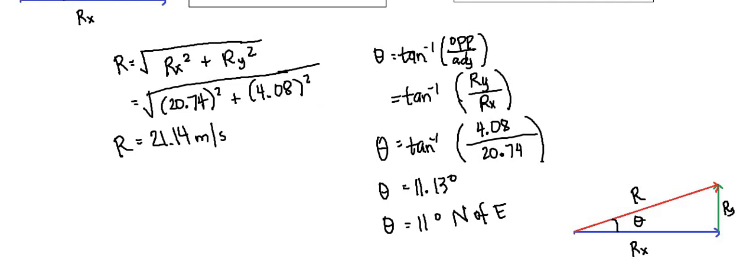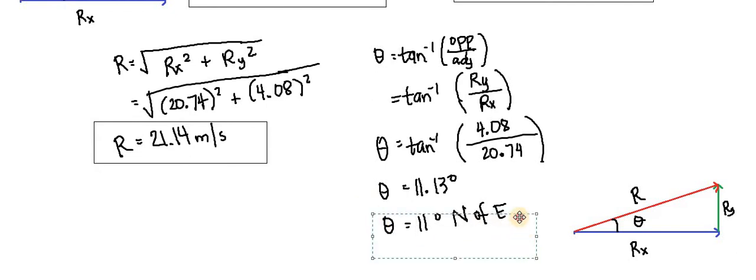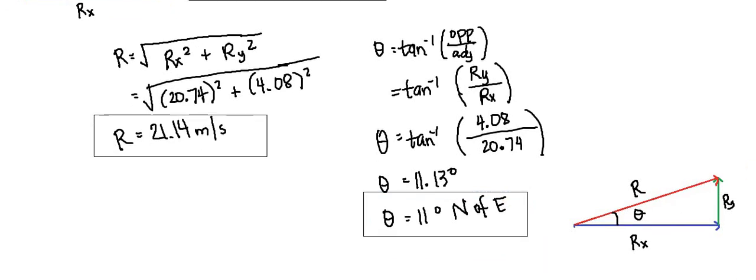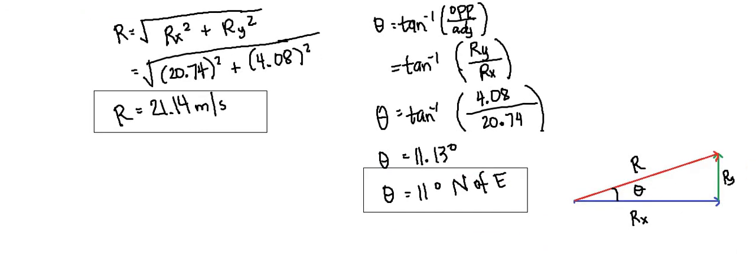Okay, box natin yung answers. You can also write your answers. Let's use a thinner one. Okay, that is our answer. And then we have here our answers. Okay, so that's the final answer. If you want to write your resultant vector, you can have it written as a whole.